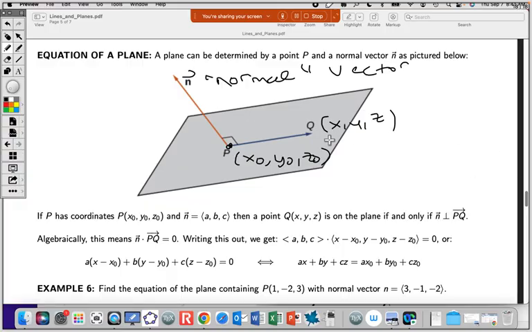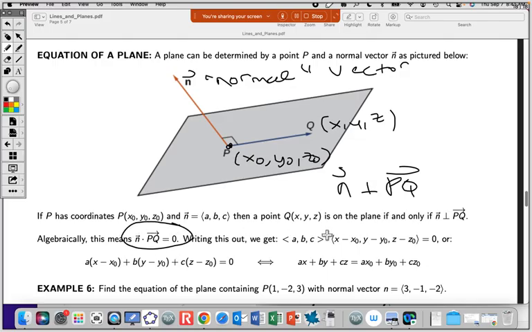So let's say we've got a point Q that's on the plane. Then the way Q is going to be on the plane is if n is orthogonal to the vector PQ. And we can check if two vectors are orthogonal by calculating their what? Dot product.